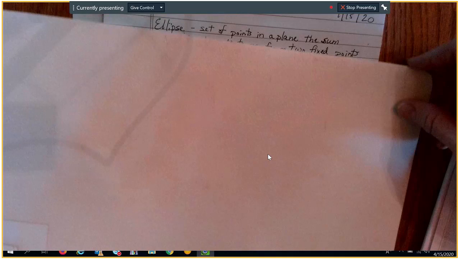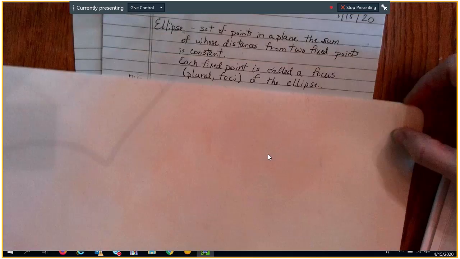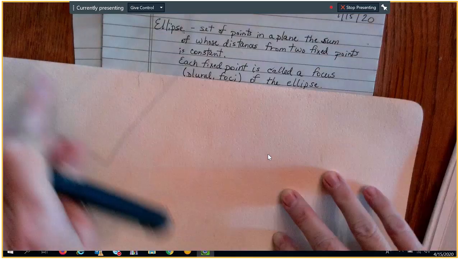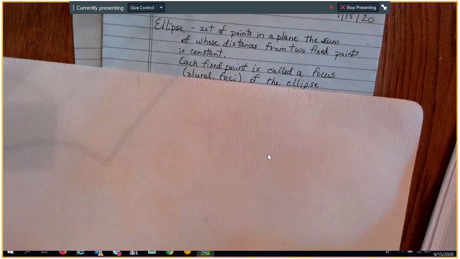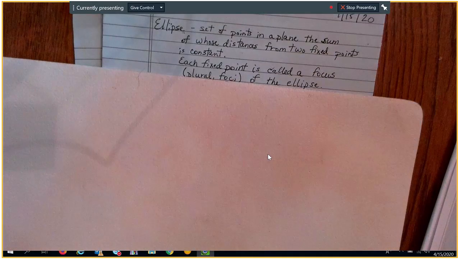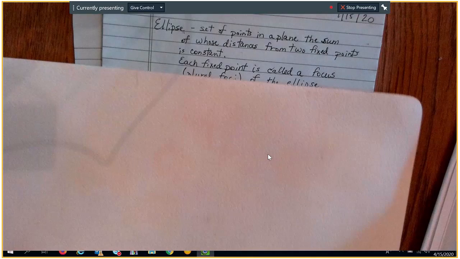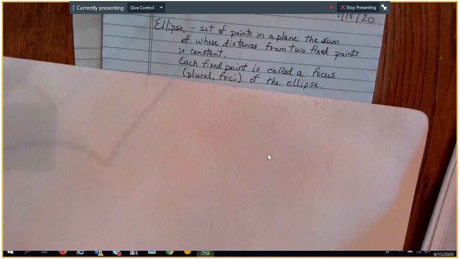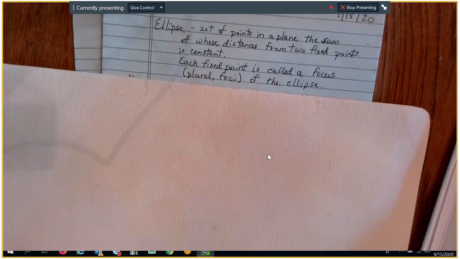So this is the last little thing we're going to be doing. Ellipses and hyperbolas. We're going to be talking about ellipses, and so this is it.